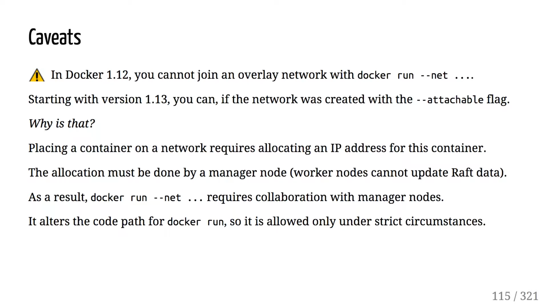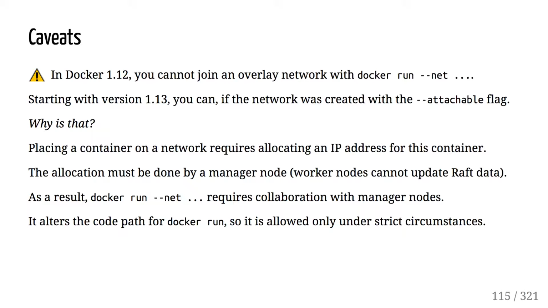Something to know, in Docker 1.12, once you create an overlay network, like my Docker coins network, you would expect to be able to do docker run --net Docker coins to say, I want to create a container on that network. In Docker 1.12, that won't work. Why? Because when you want to put a container on an overlay network, you have to allocate an IP address for that container.